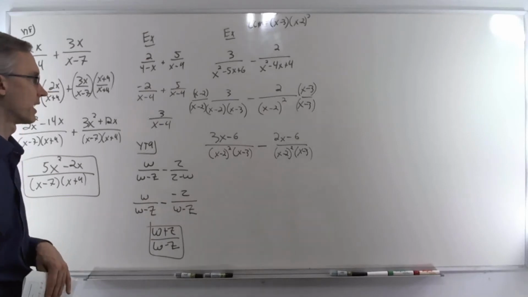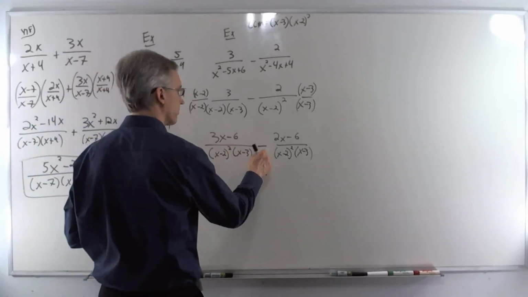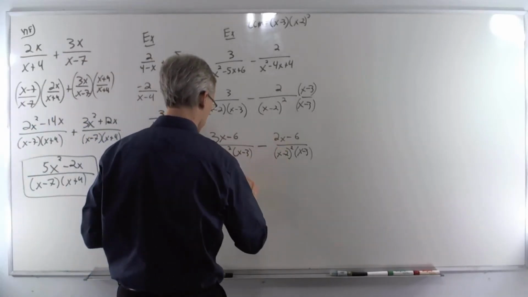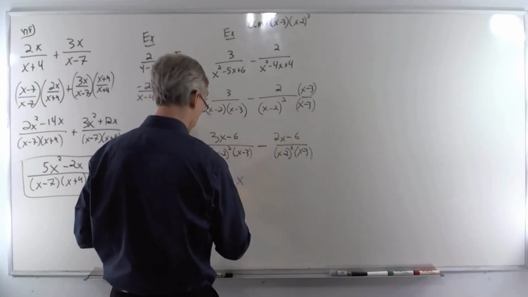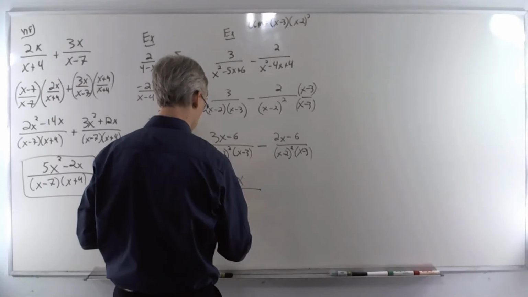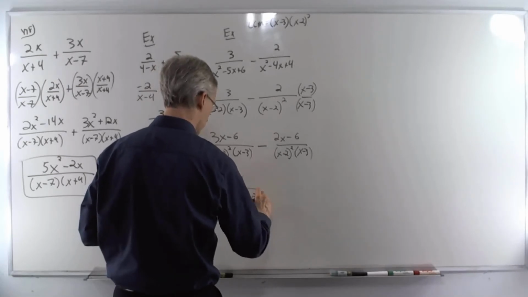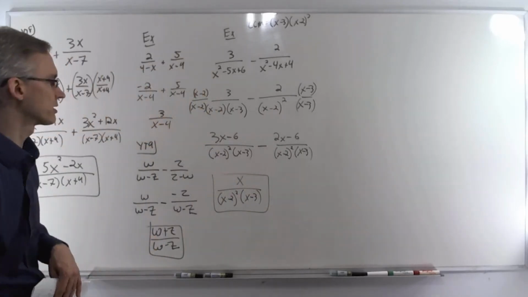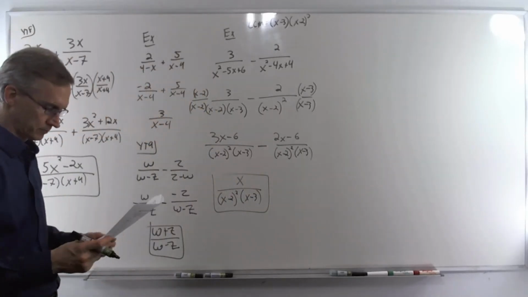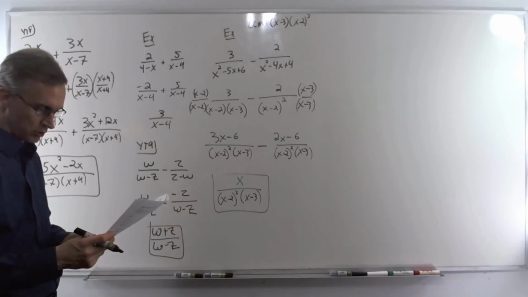Now we can combine the top. So 3x minus 2x is x. Negative 6 minus negative 6, that's 0. So that gives us x over x minus 2 squared times x minus 3. Your turn, number 10.